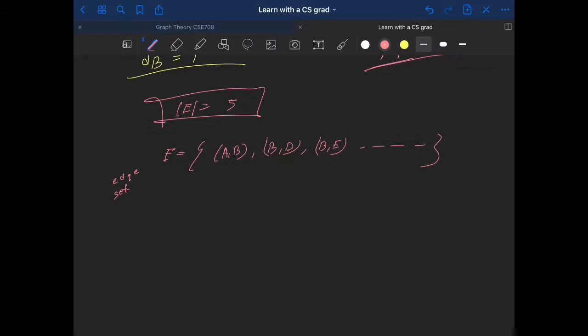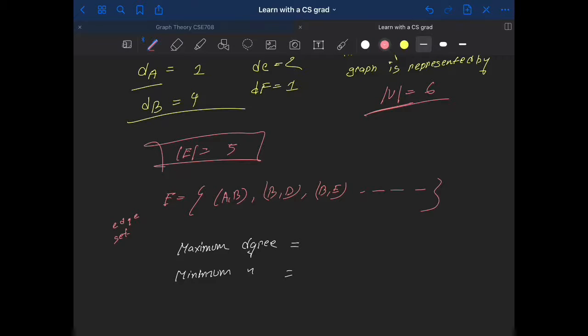One of the important things that you would be needing is the maximum and minimum number of degrees of a graph. The maximum and minimum number of degrees are represented via these symbols. So capital delta G represents the maximum degree and small delta G represents the minimum degree.